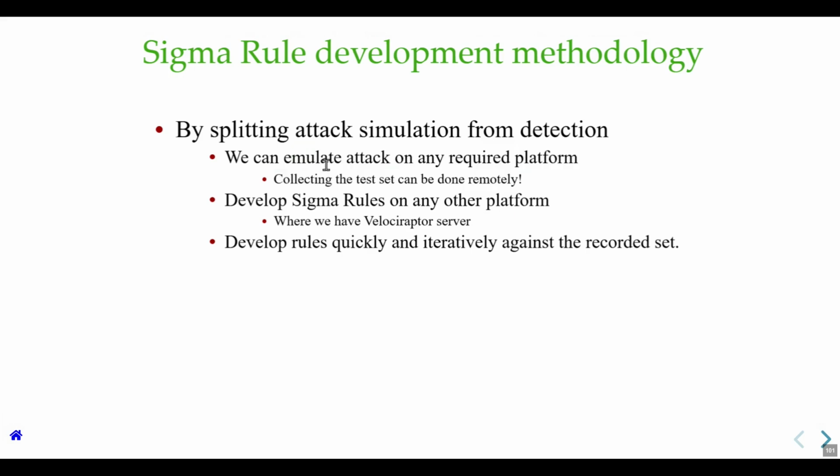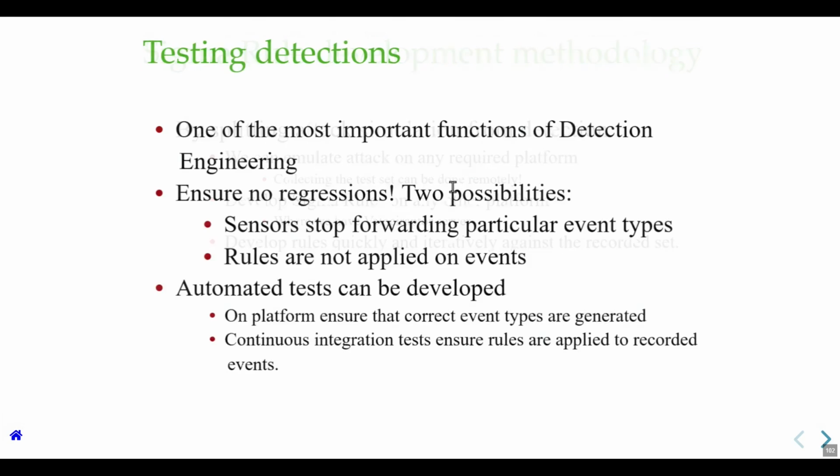So if we have a different platform that maybe we can't run Velociraptor on, but we can get event sources from, then we can collect that, and then we can iteratively develop that. And that's really important, particularly for the engineering part of detection engineering, where we have to test the detections.